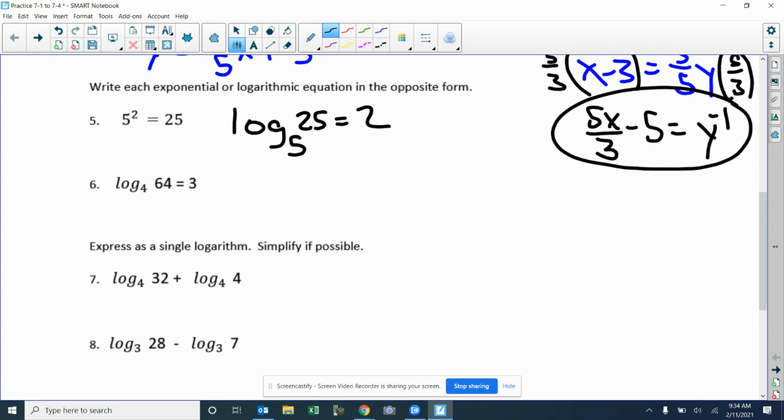You should get 2, right? Exponential. 4 to the third is 64. That's a true statement. Has to be true. Is 4 to the third 64? Yeah, it is. Easy questions there, folks. Is everybody okay?